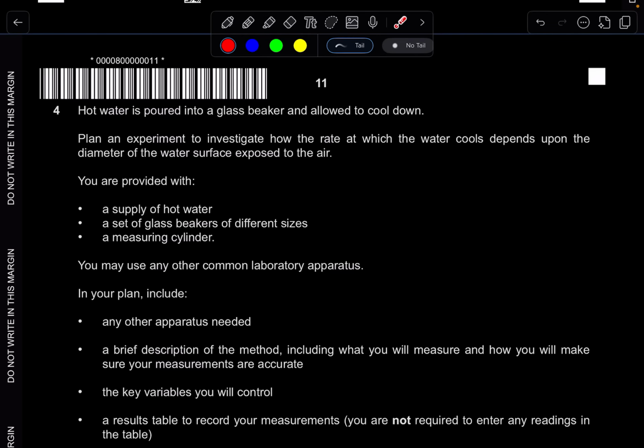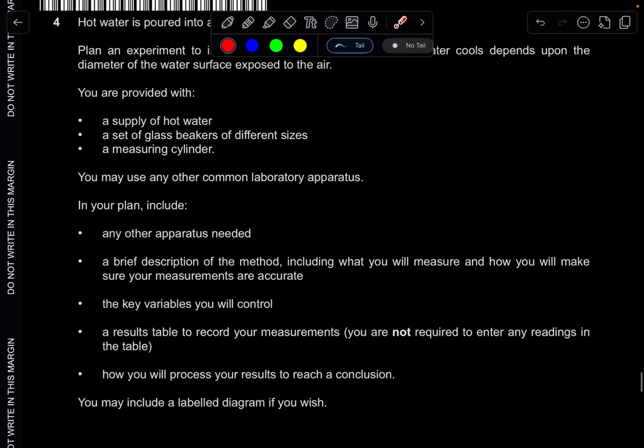We have to design some experiment. We have a supply of hot water, we have a set of glass beakers of different sizes, and we have a measuring cylinder. Is any other apparatus needed? A brief description of the method, and we have to include what you will measure and how you will make sure your measurements are accurate.